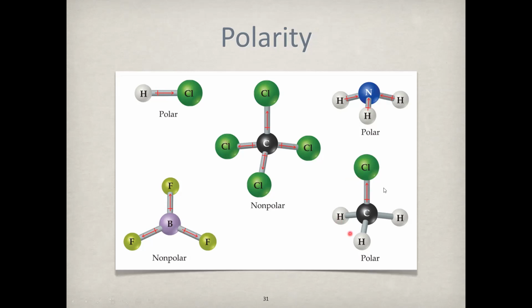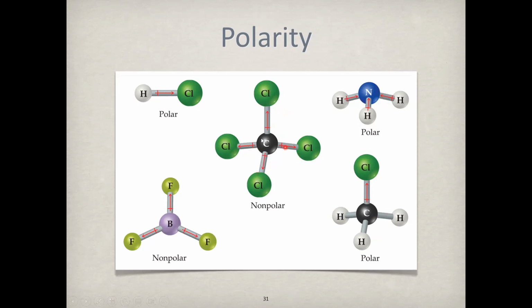Because in the case of something like CH4, or CH3Cl, excuse me, we've got no lone pairs on the bonded atom. So each of these domains are going to be able to spread out as much as possible. And if all four of them were hydrogens, each of these bonds would essentially balance out, kind of like we have here with CCl4, carbon tetrachloride.